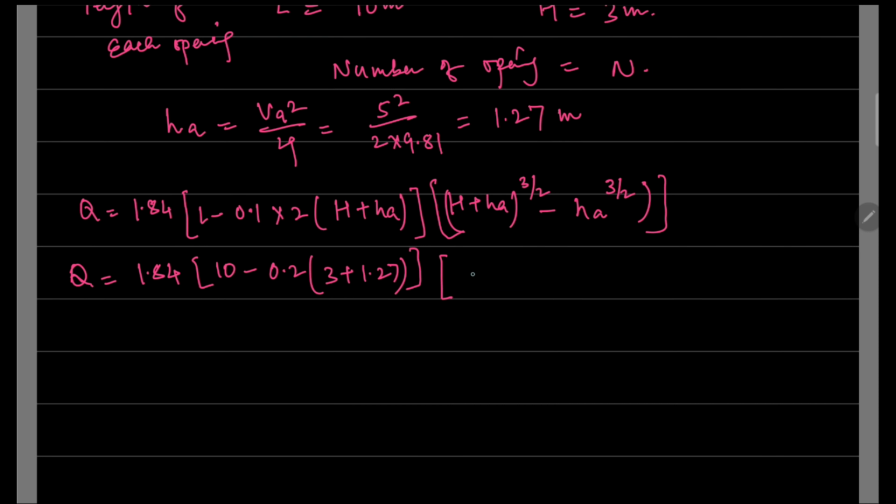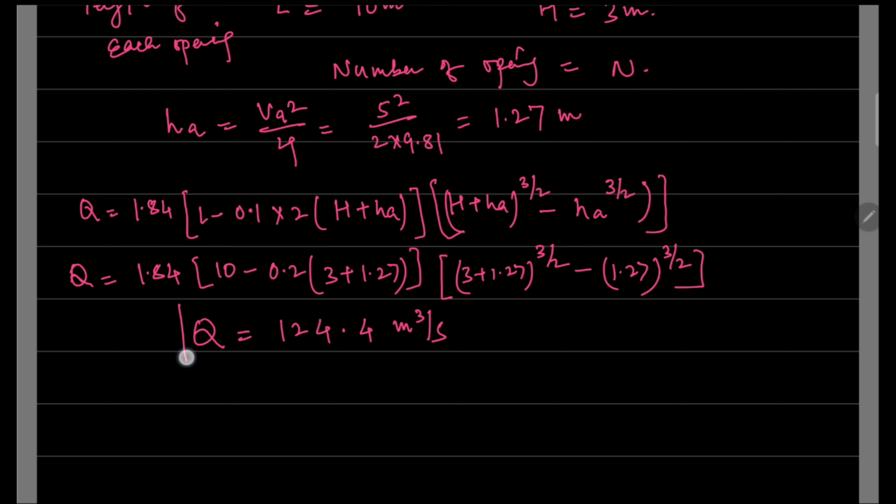Then this is (3 plus 1.27) raised to the power 3 by 2 minus 1.27 raised to the power 3 by 2. If we solve this, the answer will be Q is equal to 124.4 meter cube per second. So that is the discharge we are getting from each opening considering the velocity of approach.